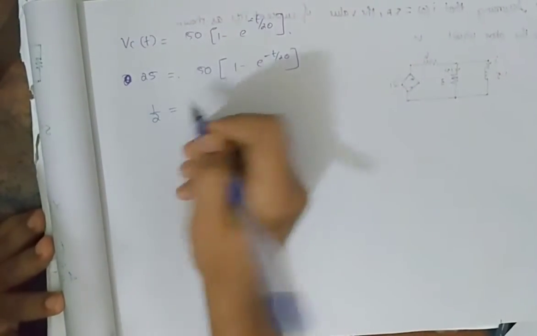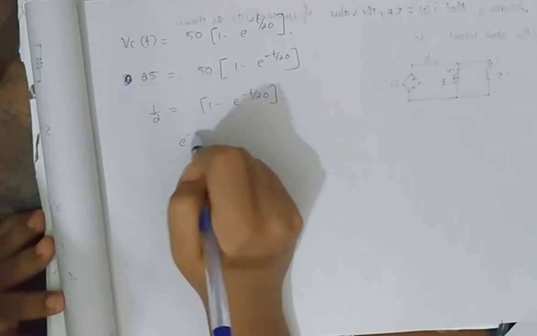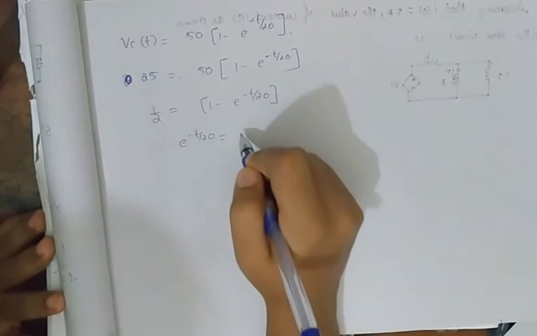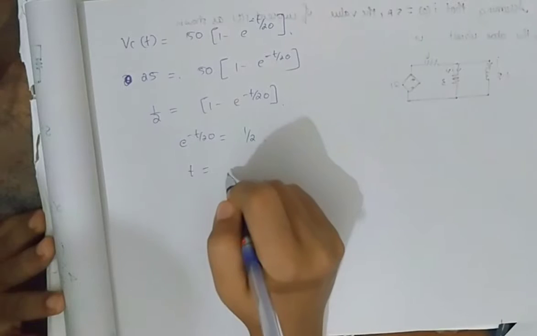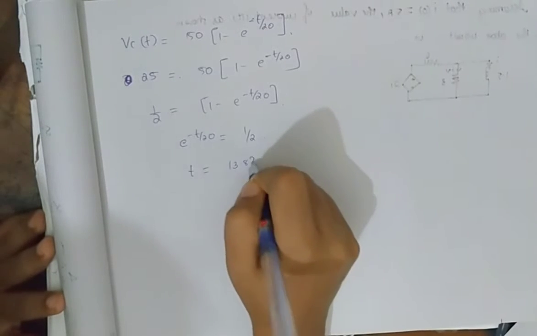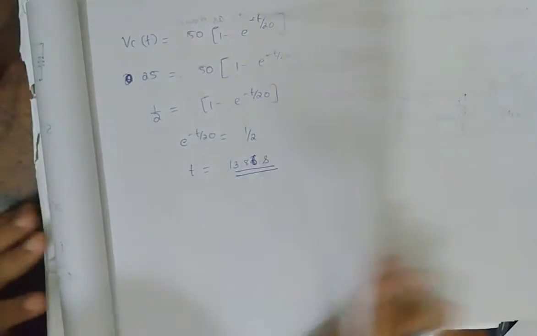So this is 1 by 2 equal to 1 minus e raised to minus t divided by 20, and e raised to minus t divided by 20 is equal to 1 by 2, and from here, taking the natural logarithm, we get t equal to 13.86 seconds. So this is the answer.